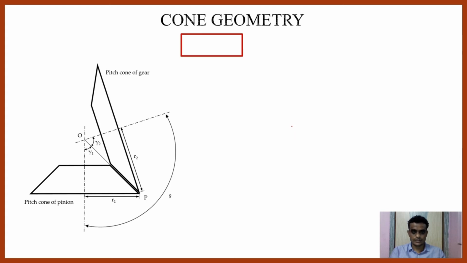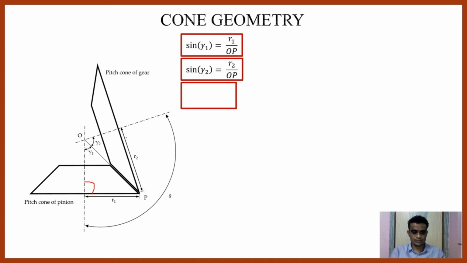Now if we consider the geometry, just consider this right angle triangle. Sine gamma 1 is r1 upon OP, where OP is the hypotenuse and r1 is the opposite side.